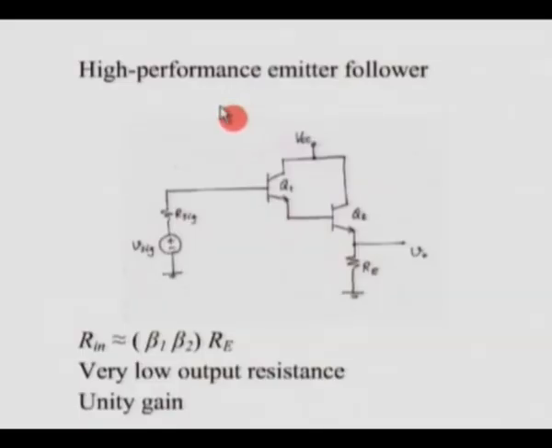In an op amp voltage follower, the input resistance is extremely high, it would be hundreds of megohms, at least theoretically. Now, we need to compare the performance of a high performance emitter follower along the lines of a voltage follower. We would see that we may not get anywhere near there, but still the performance of the emitter follower with a Darlington configuration would be much higher than that of a single stage.